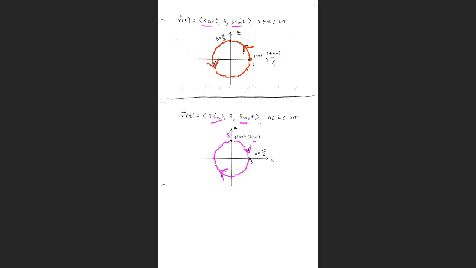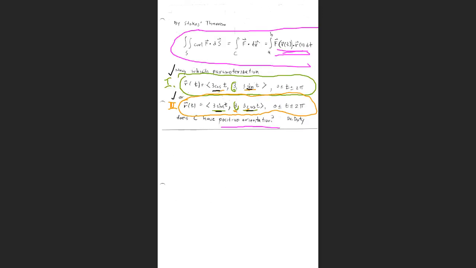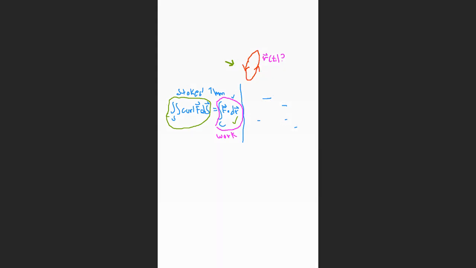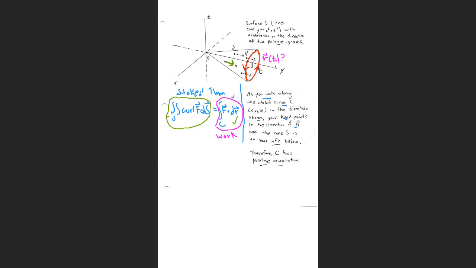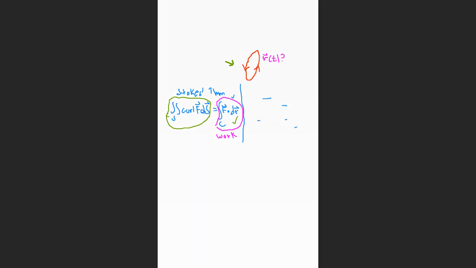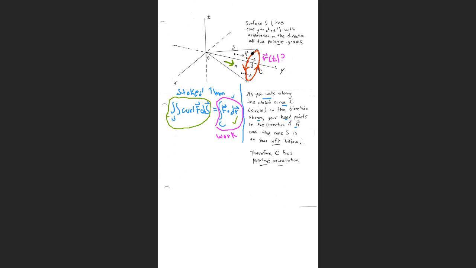Which one is right? Well, if we go back to the picture and look at the red space curve, we see the highest point on that space curve, which would be 0, 3, 3.